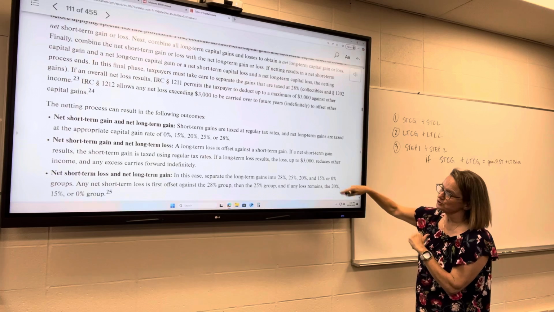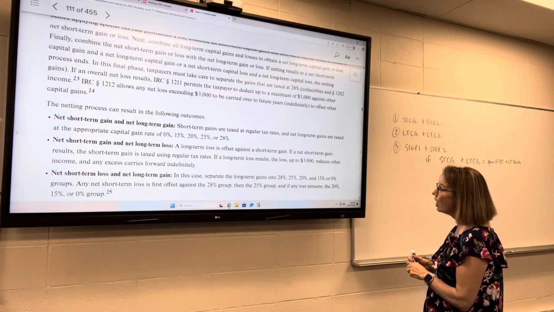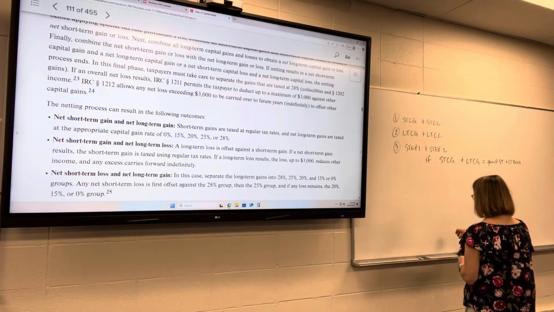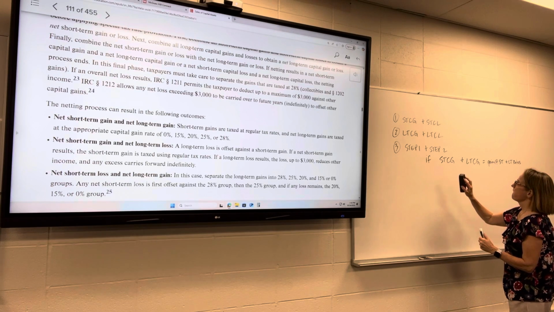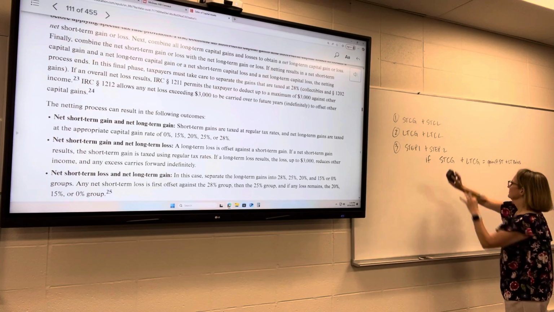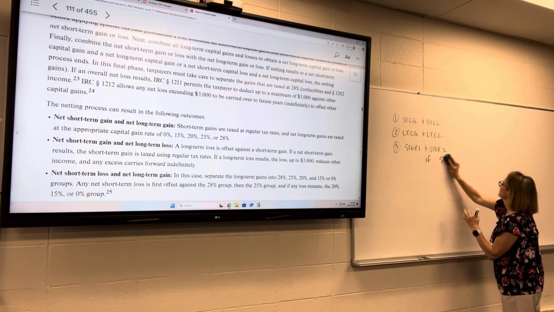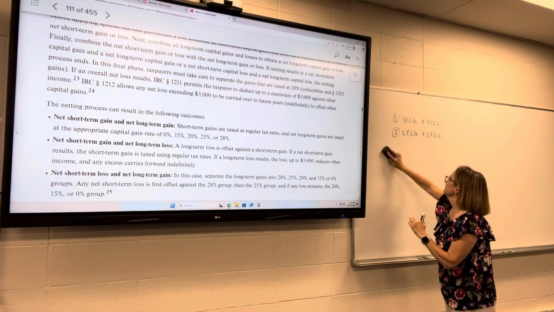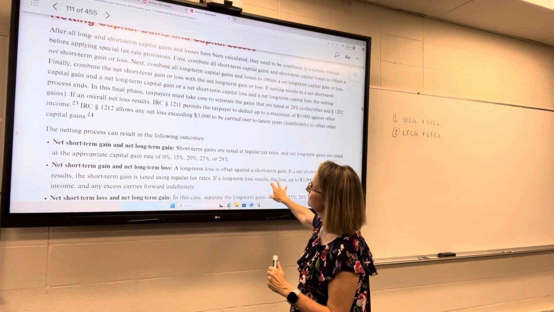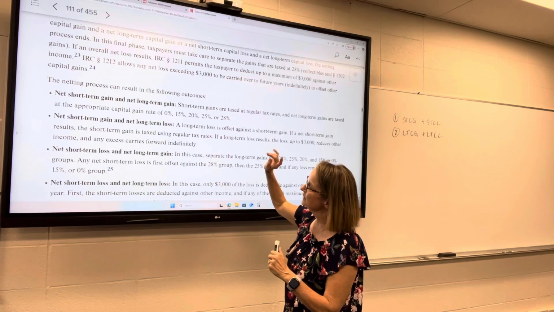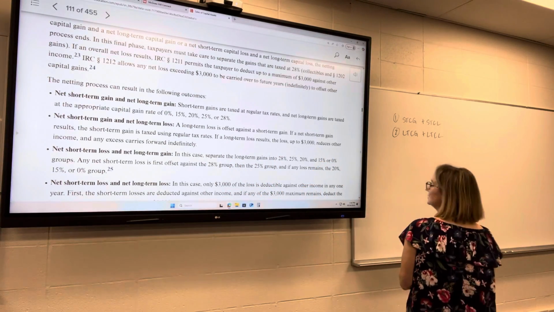If there's a net short-term gain and a net long-term loss, maybe I didn't do this right. I don't like this. Sorry. I need to put together some better steps here. So net short-term gain and a net long-term loss.